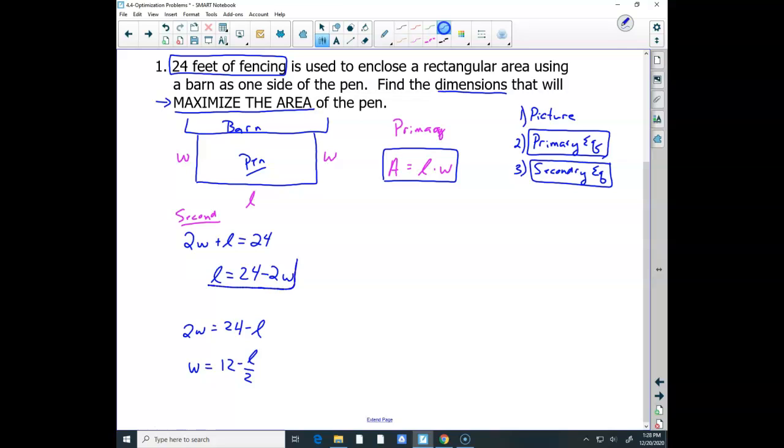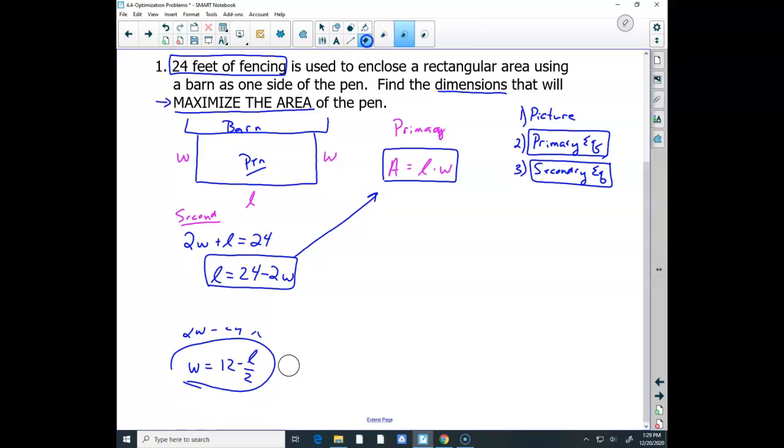Hopefully we see this is going to be easier to substitute in than this. This one's not going to be quite as nice because now I'm going to have a fraction, and let's face it, if we don't want a fraction, we don't want to use it. So I would recommend solving for the easier of the two variables, which is obviously length in this situation.